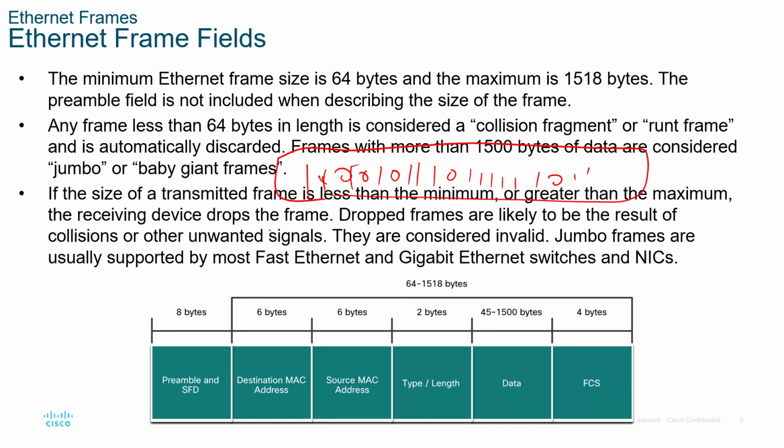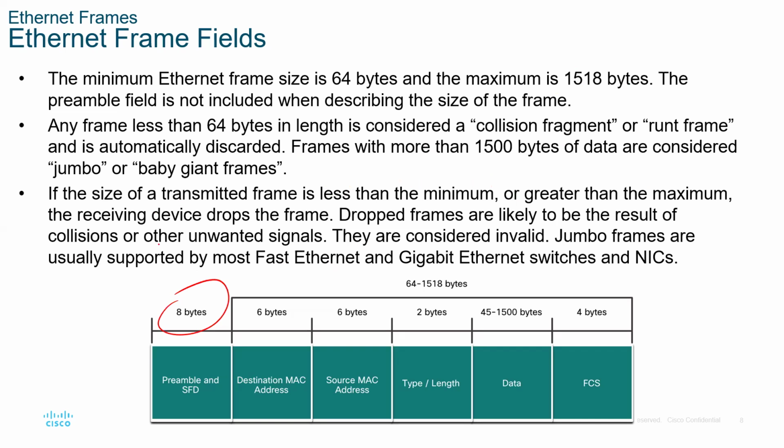So how do they know this is a frame, this is a new message? With Ethernet frames, they know by these 8 bytes. If there's a continuous series of 10s, 8 bytes, they can count. If you have those numbers, it means this is the start of a new frame.